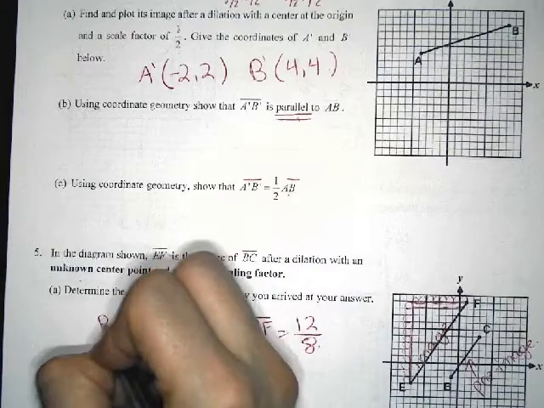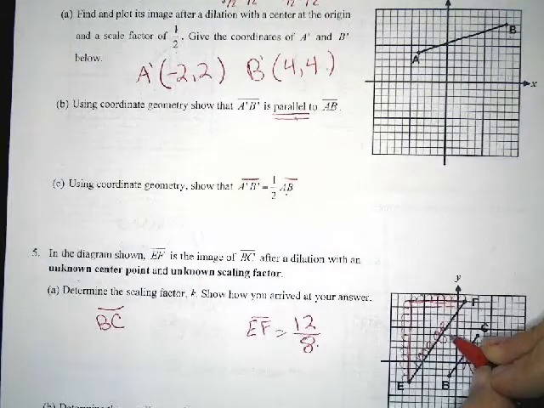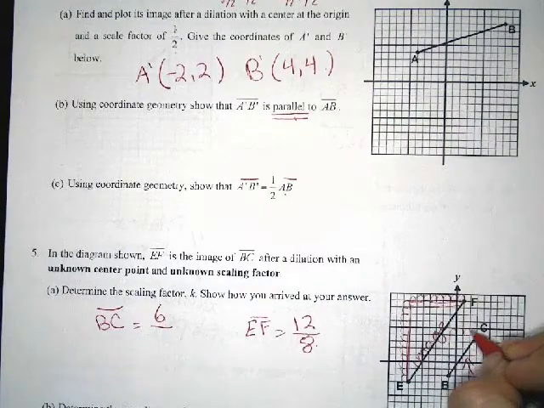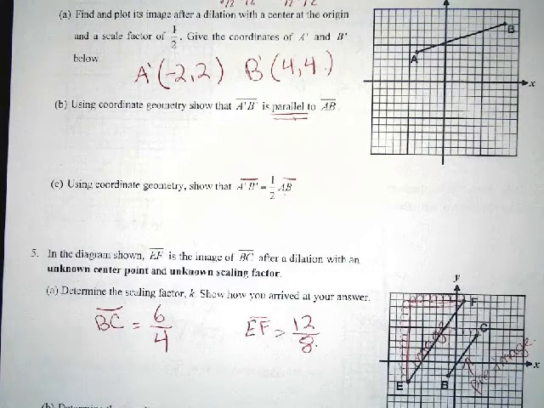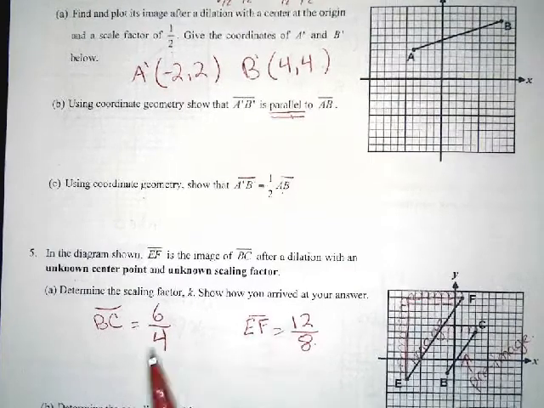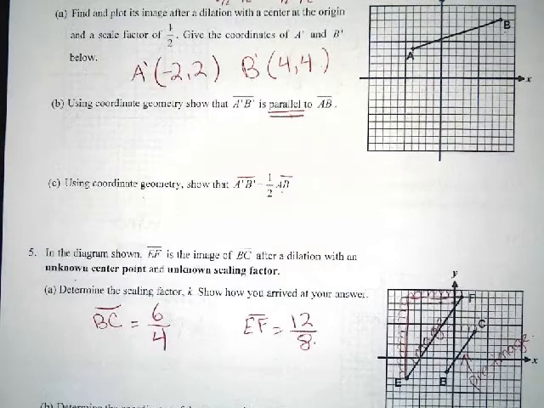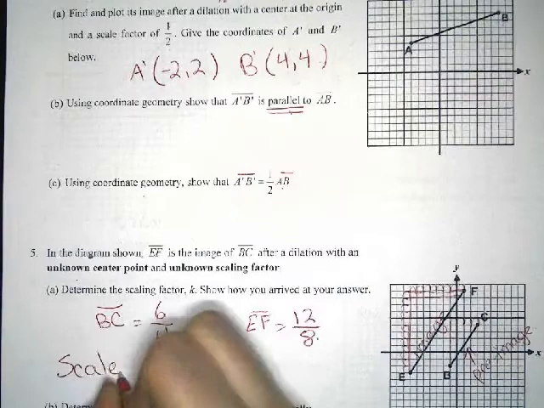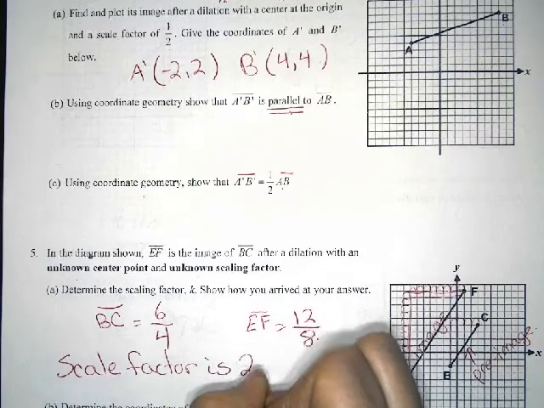BC has a rise of 6 and only a run of 4. So right here we can clearly see that the scale factor is 2, because it's twice as big. So the scale factor is 2.